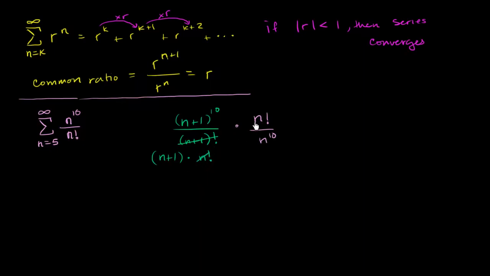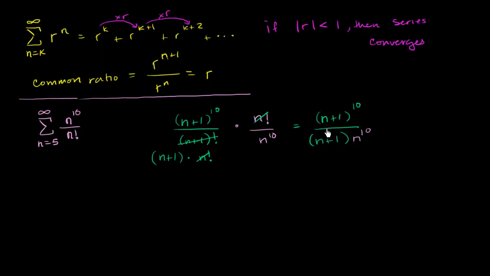Because this n factorial cancels with that n factorial, and we're left with n plus 1 to the 10th power over n plus 1 times n to the 10th. So I know what you're thinking. Hey, wait, look, this isn't a fixed common ratio here. The ratio between consecutive terms, when I took the n plus 1th term divided by the nth term, is changing depending on what my n is.